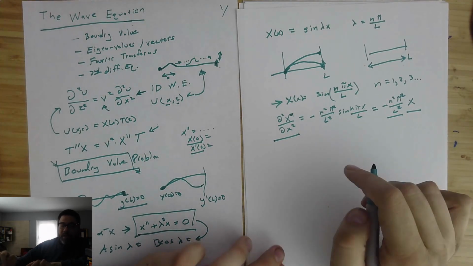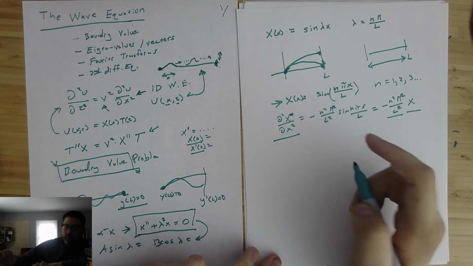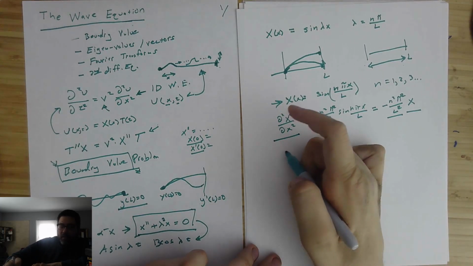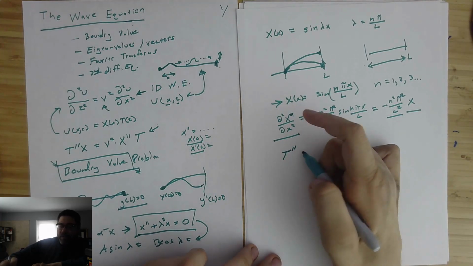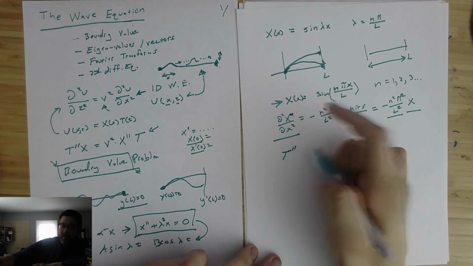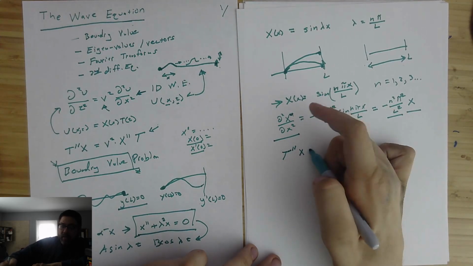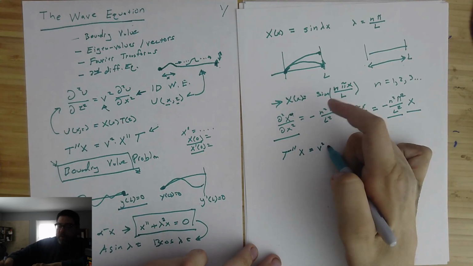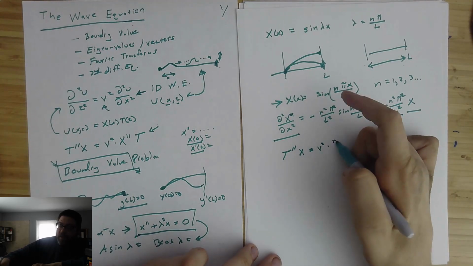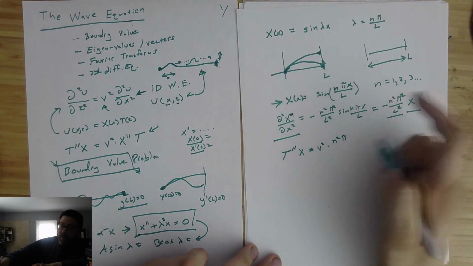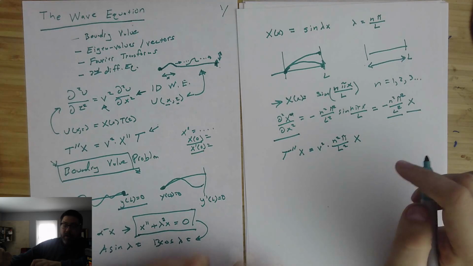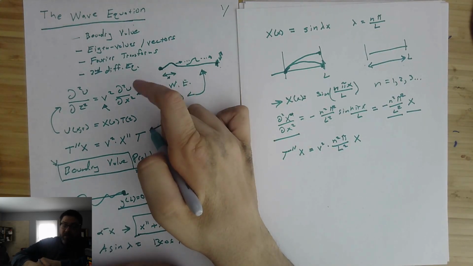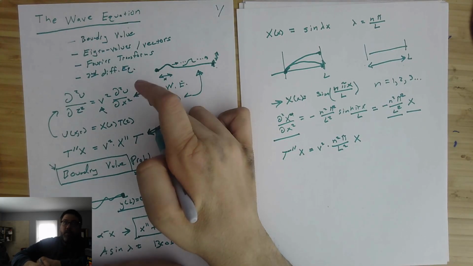If we plug that back into our wave equation, we're going to get the second partial derivative of T, T double prime, times X is going to equal v squared times n squared pi squared over L squared times X. All I'm doing is putting everything back into this equation.